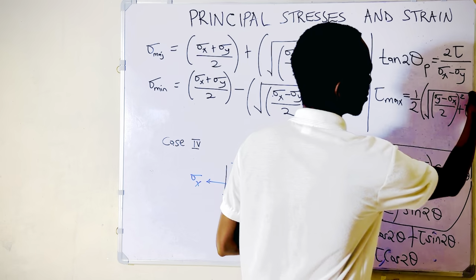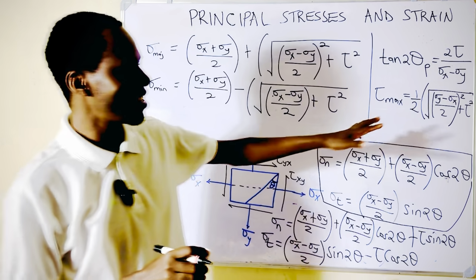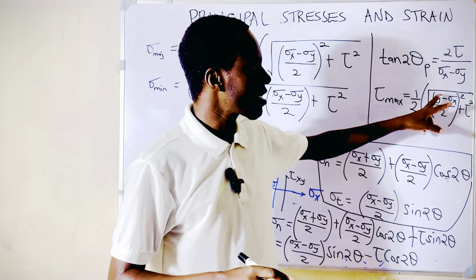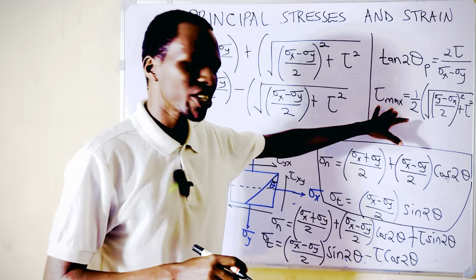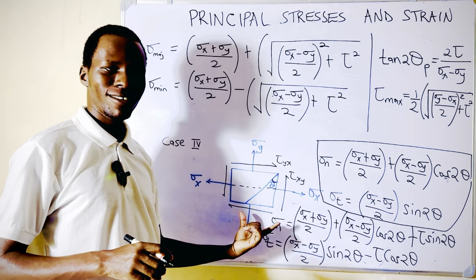All of them is under this one. I hope you are able to see it. So half root of sigma y minus sigma x by 2 square, then plus tau square. This is for maximum shear under this condition.